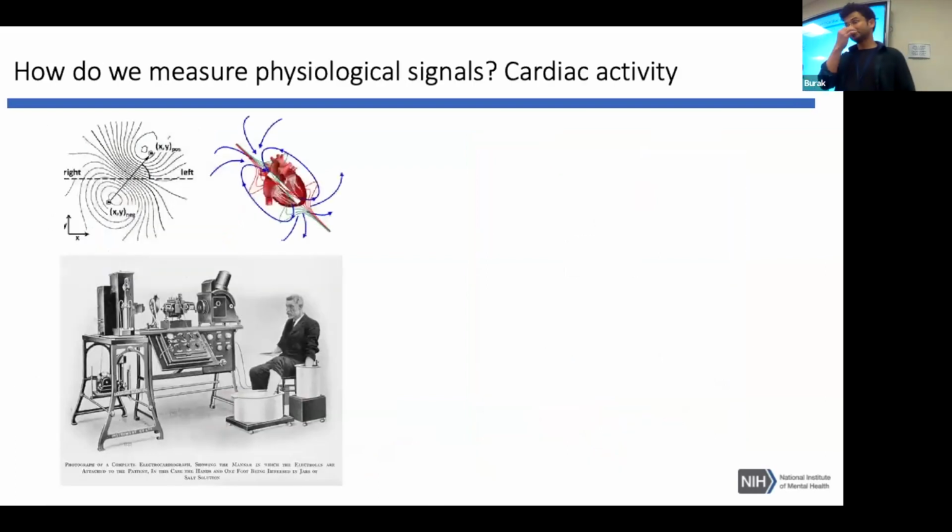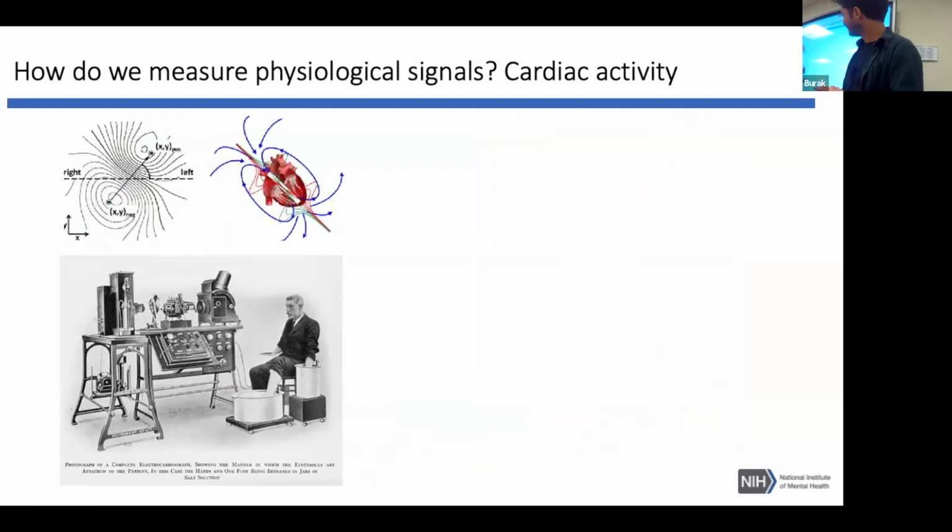So how do we measure the physiological signals? For instance, cardiac activity. That alone, without an MRI machine, is a task. The heart has electrical activity that creates currents around the body, and here you see Einthoven doing an experiment.